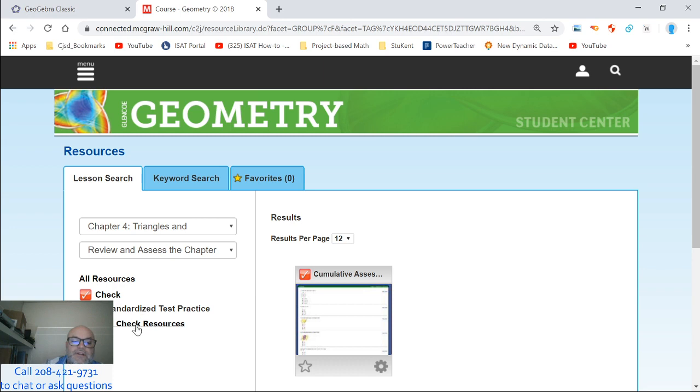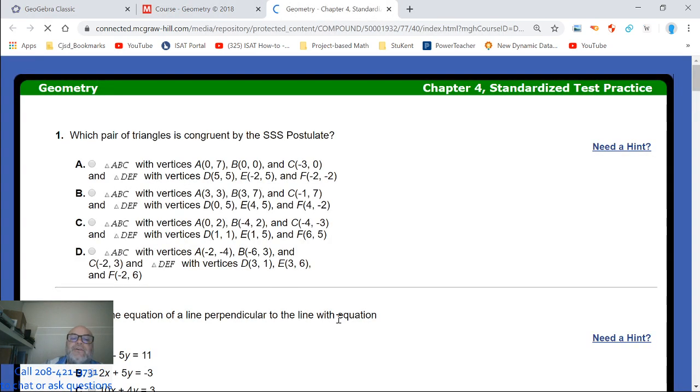Okay? So let's do the standardized test first. It says, which pair of triangles are congruent by the side postulate? Okay, I don't even know if I want to do this one. I'll be really honest with you. This is a terrible kind of a question for this format.